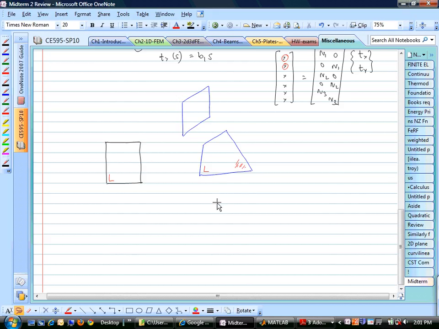So what if I simply take this square and rotate it to a new position, let's say here? What would be the Jacobian matrix?